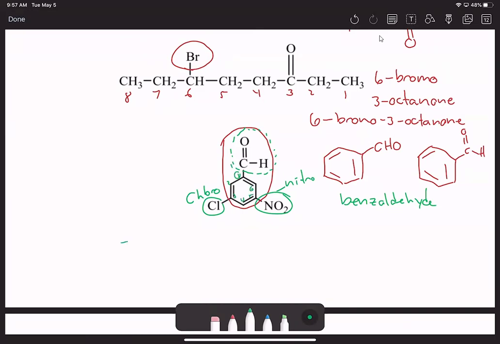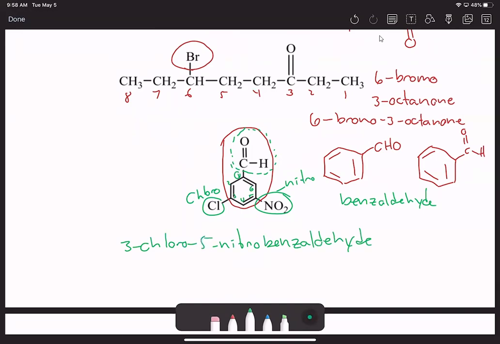So we have 3-chloro, 4-nitro, and then we memorize the name benzaldehyde. I think that should be a 5-nitro. 5-nitro, 1, 2, 3, 4, 5-nitro. Yep, you're correct.